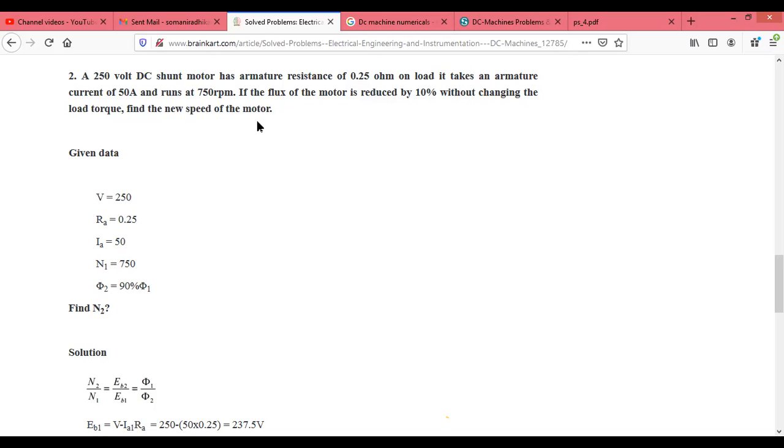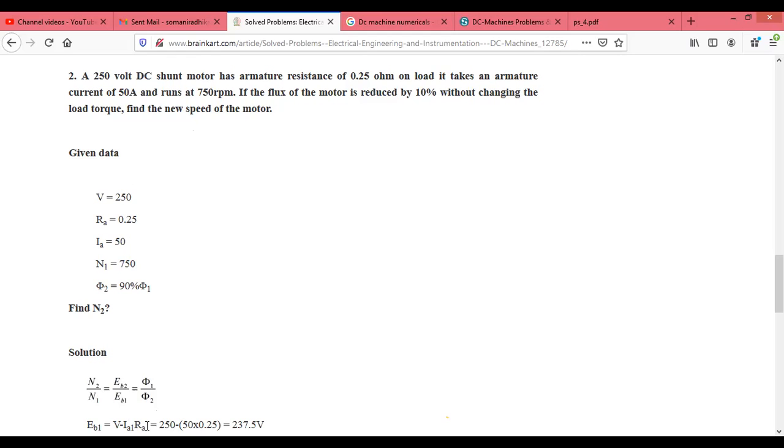Now we are supposed to see the equations for the back EMF, generated EMF, because they have given here a DC shunt motor. So we will require the back EMF equations. What was the equation for back EMF? EB equal to V minus IA RA when we have only armature resistance. And if we have the series field resistance, then the equation is V minus IA in bracket RA plus RSE.